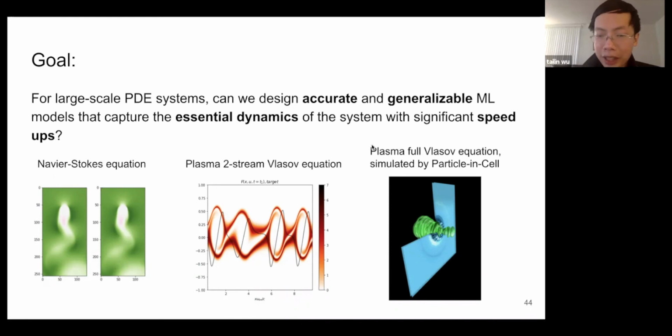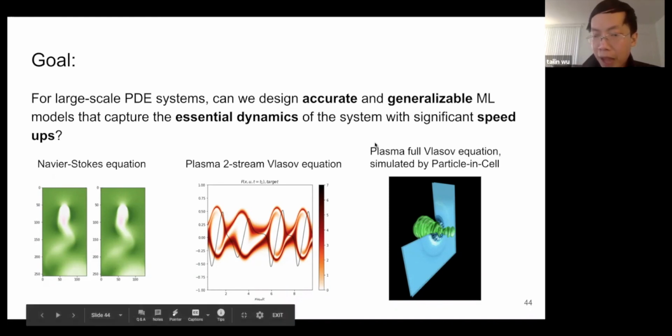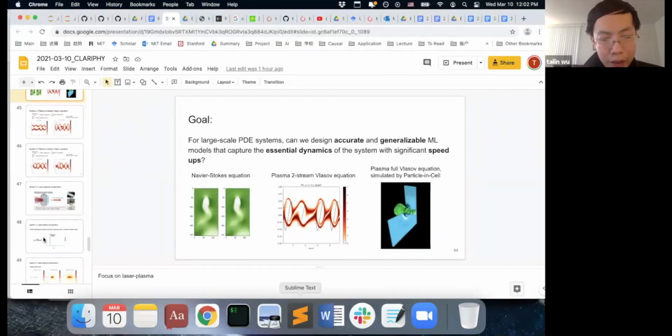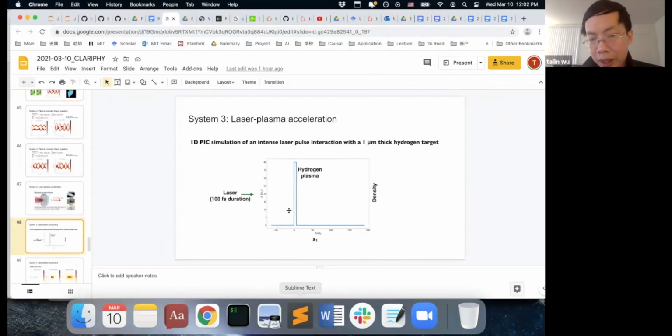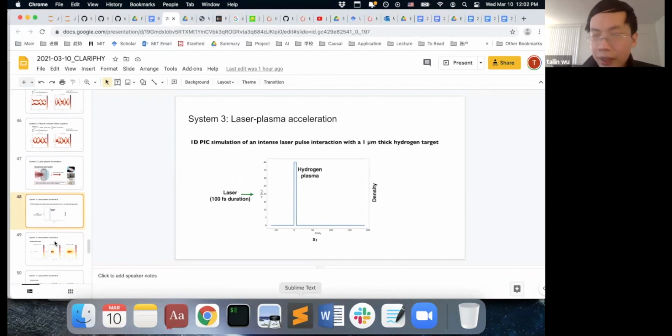Actually, for these later systems, like laser plasma systems, we have to use this large cluster to generate the data set. Like for these ones, for the 1D case, in which we generally have like 10,000 particles and 10,000 grid, I'm not quite sure, but it may take 1 day to generate this data set, where the size of the data is like hundreds of gigabytes.